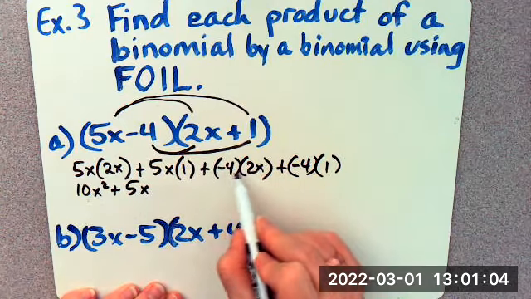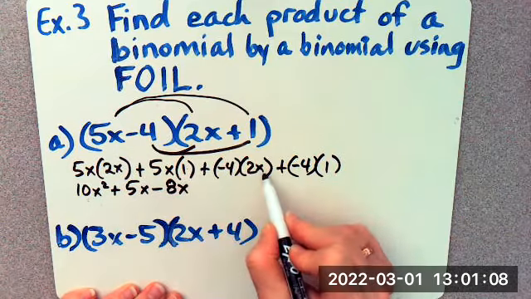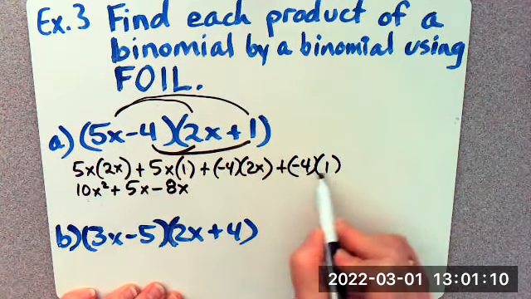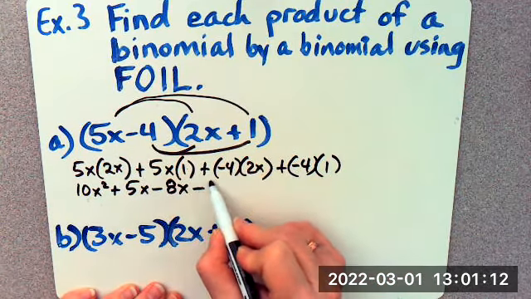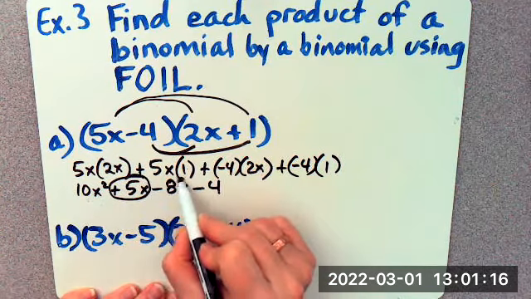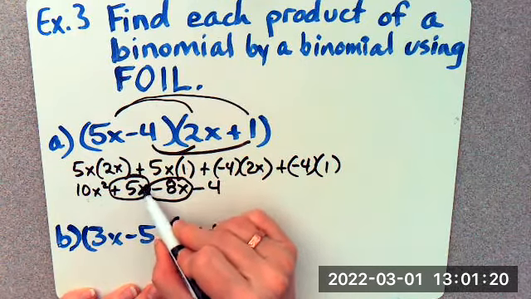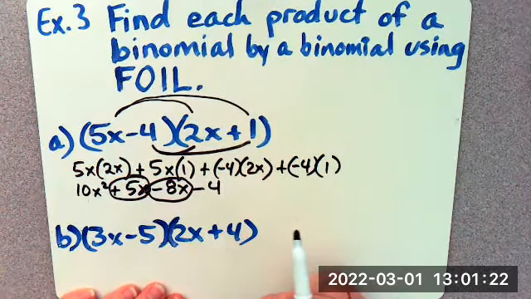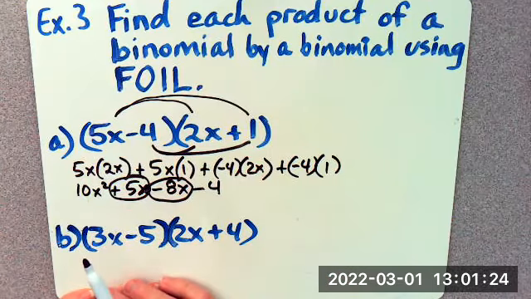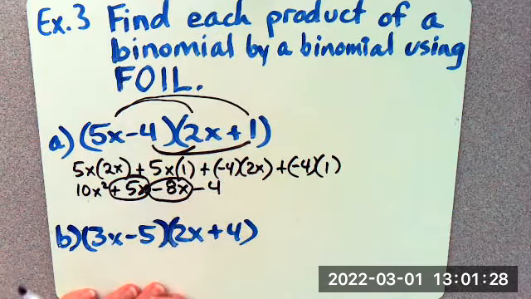So that gives us 10x, and x times x is x squared, plus that's just 5x. And then we have negative 4 times 2 is negative 8x. And then negative 4 times 1 is negative 4. When we do FOIL, our two like terms are usually right next to each other, or sometimes they're not, depending on if one has an exponent and the other doesn't.